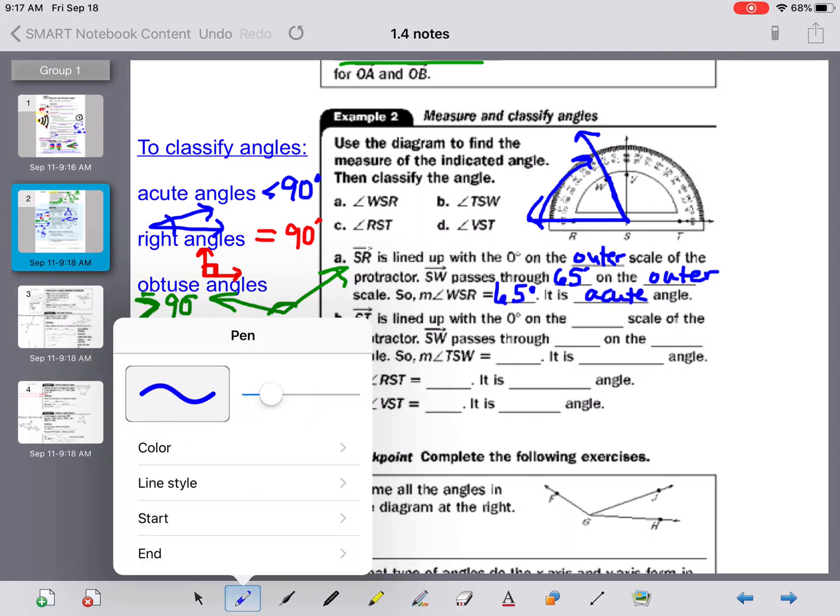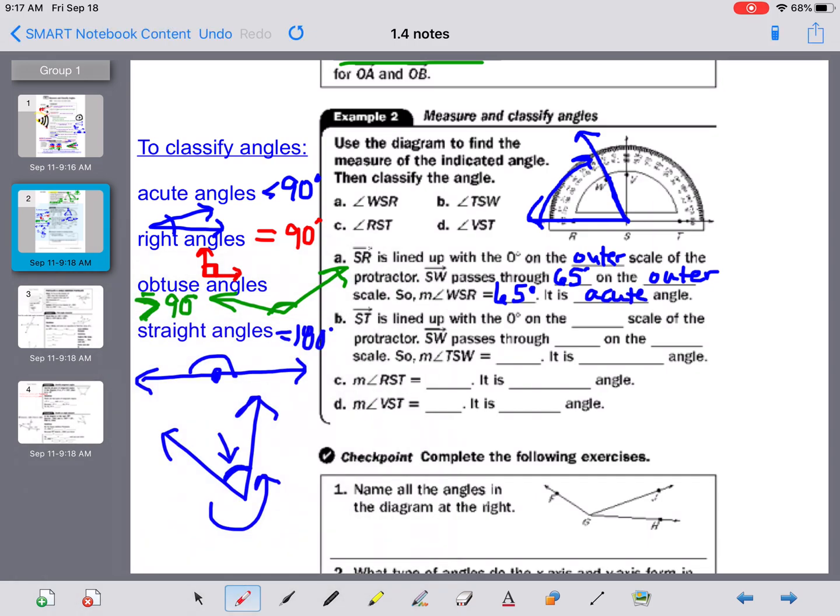All right, next one. TSW. So again, dot to dot, TSW. It uses one of the same rays as our last one. We're talking about this big angle right here. How big is it? Well, again, my 0 here started on the inner scale, so I'm going to follow the numbers inside for that.